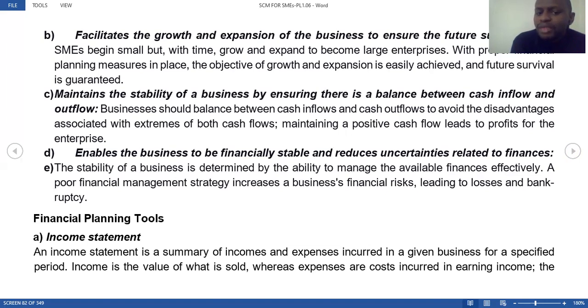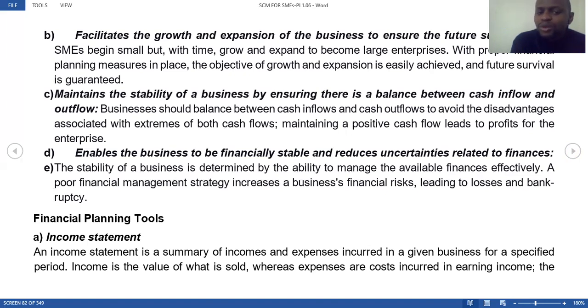And remember, these plans help you to understand the uncertainty related to finances. So in the event something happens that you did not plan for, you'll be able to have a contingency plan for that. Then the stability of the business is determined by the ability to manage the available finance effectively.